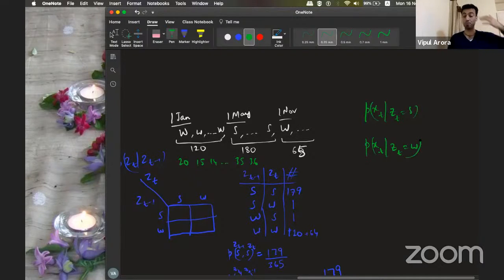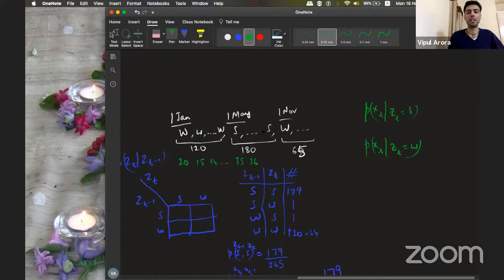How will you compute? Okay, so the simple answer is if I know ZT, I don't need to know the season on other days. If I know ZT and I know XT, that is it.